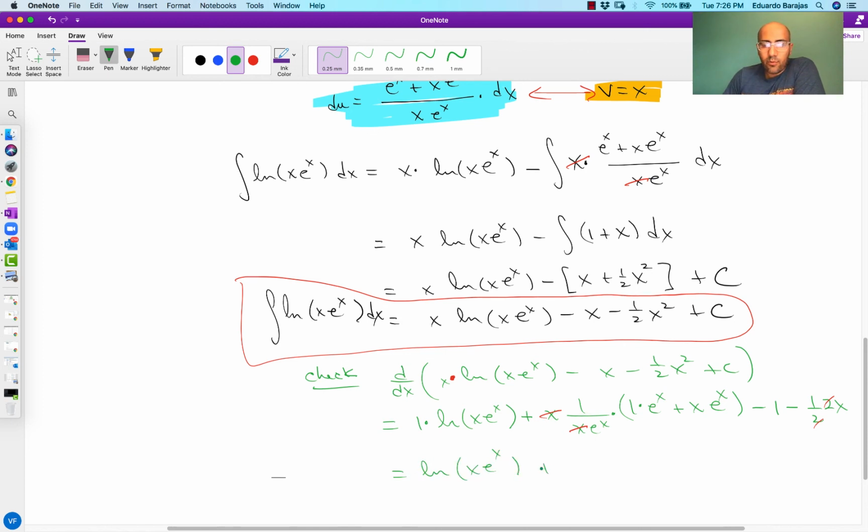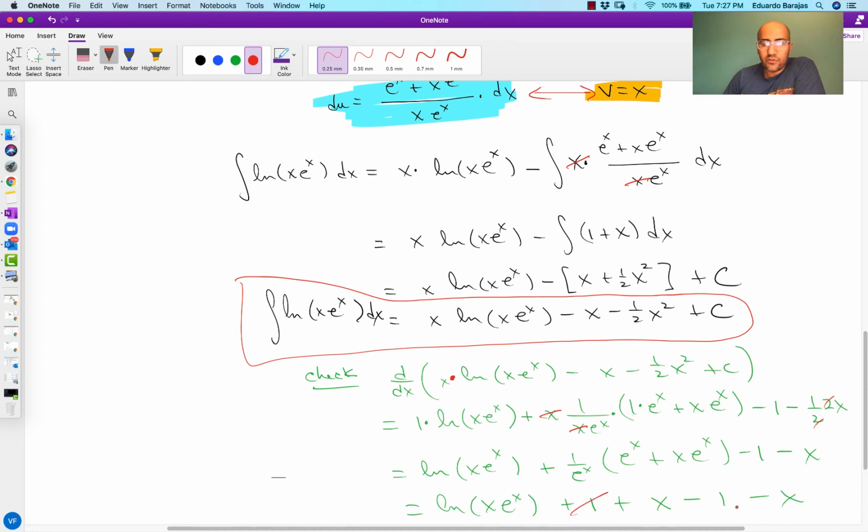And then we end up with plus, and now when I distribute this, I'll do one more step, e to the x times e to the x plus x e to the x minus 1 minus x. And then when I distribute this 1 over e to the x, we end up with ln of x e to the x plus 1 plus x minus 1 minus x.